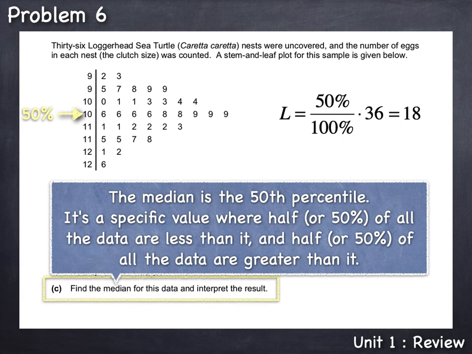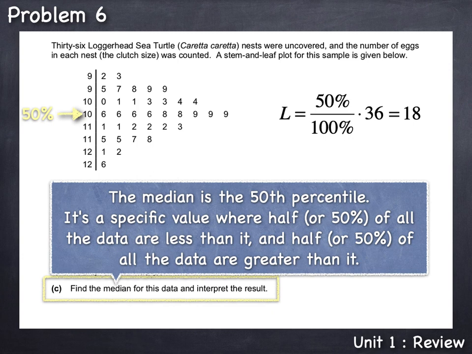18 is a whole number, so we are able to get an exact 50th percentile, or an exact median. That's because we can find a place where 18 of the 36 nests have fewer eggs, and the other 18 out of 36 nests have more than that number of eggs. That gives us the median, or the 50-50 split.